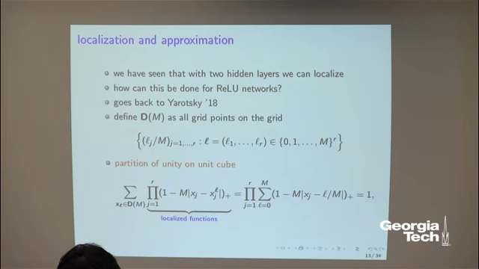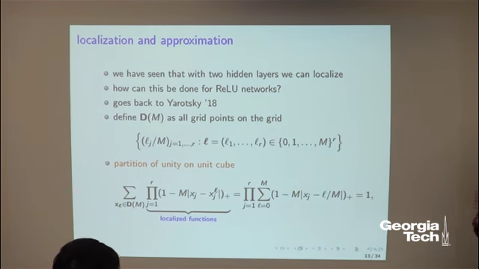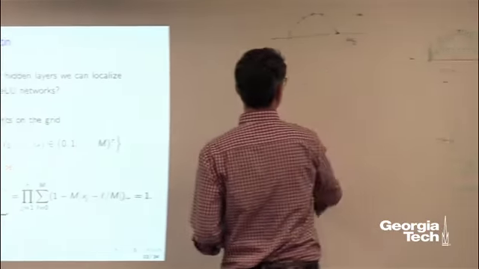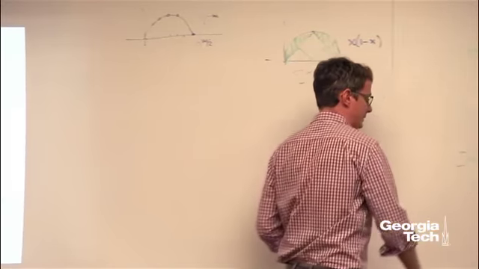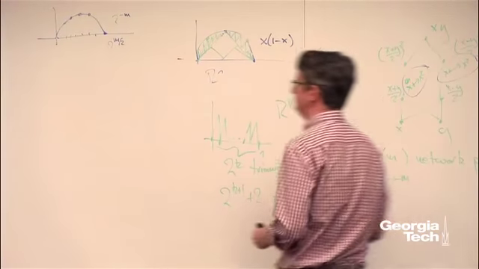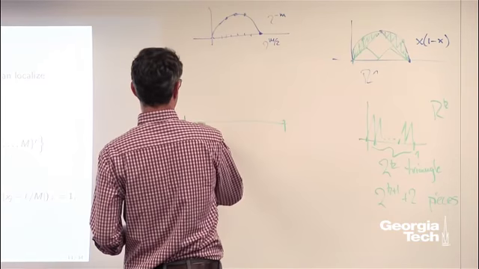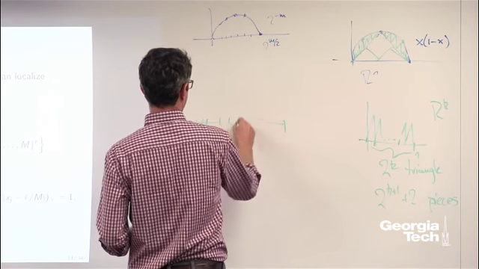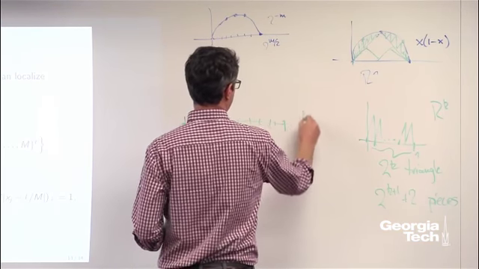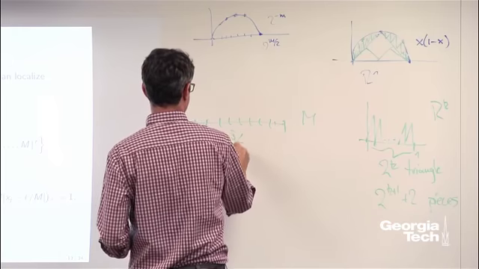So what you do is you say you're in one dimension, and then you build a discrete grid. You pick a number m, and those are the points j over m.